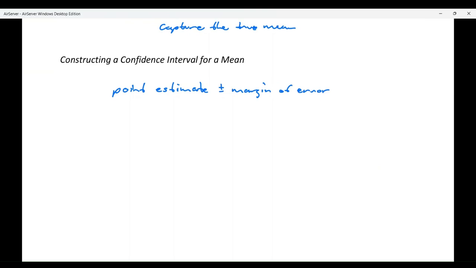So if I keep breaking this formula down, it's the point estimate plus or minus some critical value times the standard error.